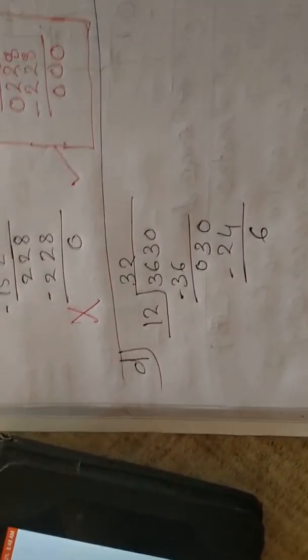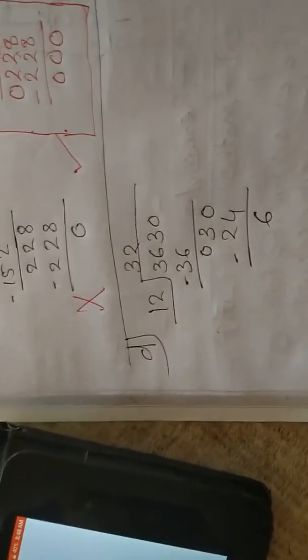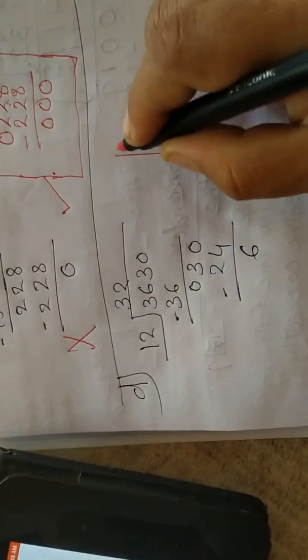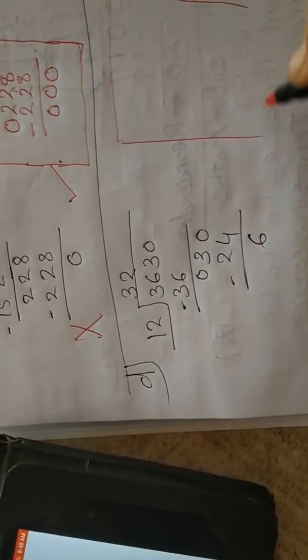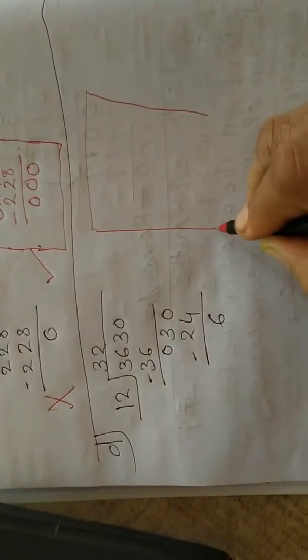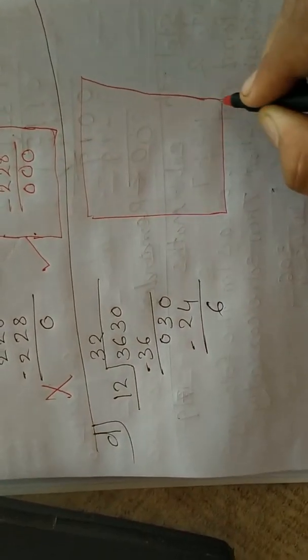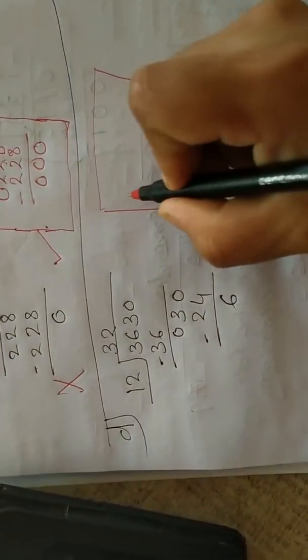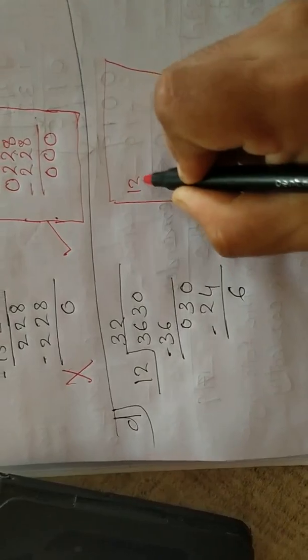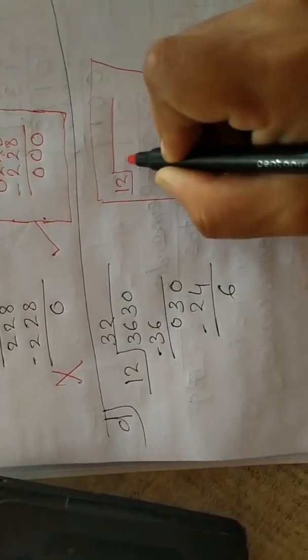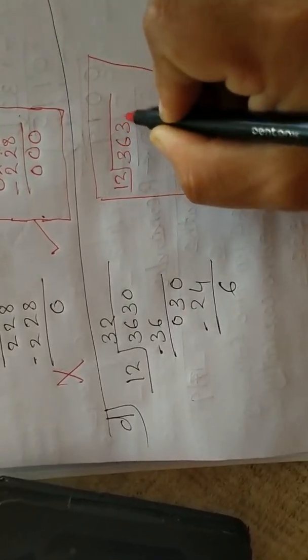Now students, we will check whether this sum is correct or not. So we have to draw here one box. In that box, 3630 divided by 12.